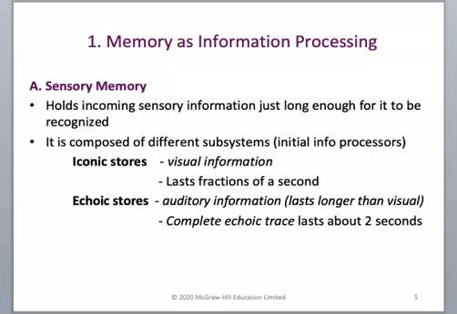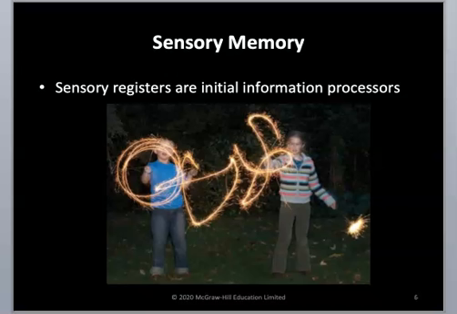So basically what that means is that when we see something, that information lasts just a second, whereas if you were to hear something, that lasts a lot longer than visual. So the difference in length is important to remember. And this is just a fun picture talking about sensory registers, or initial information processors.